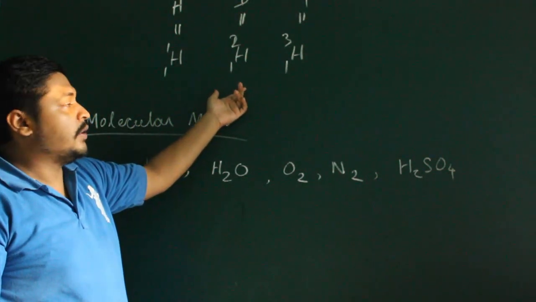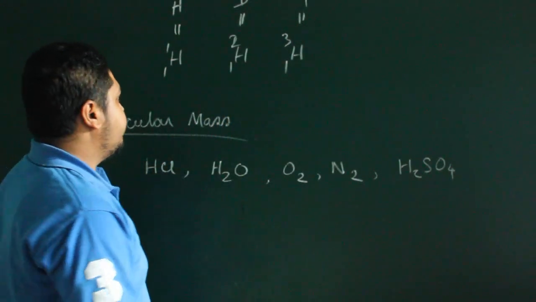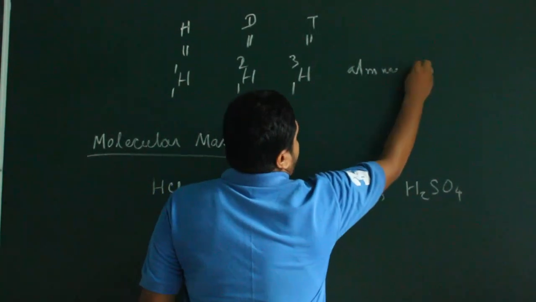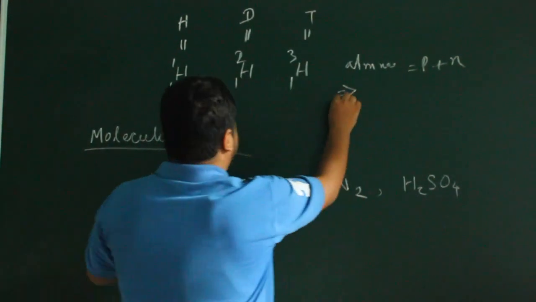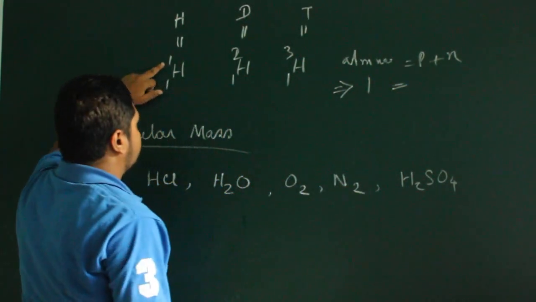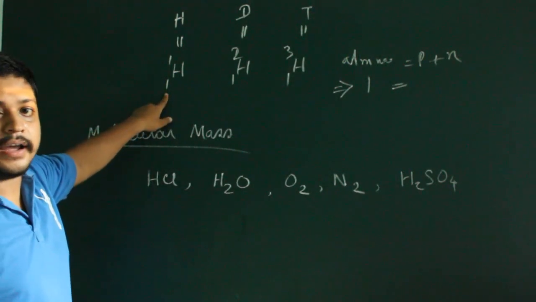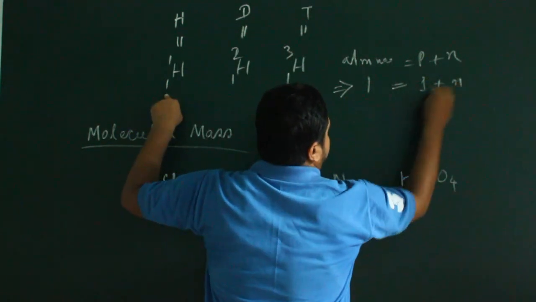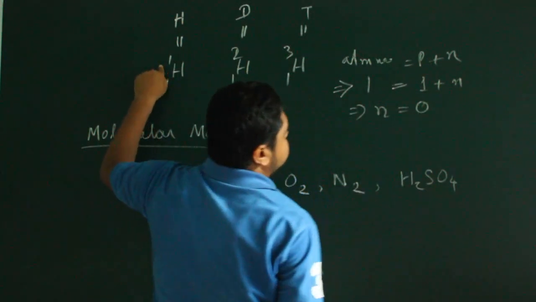This is due to the presence of different numbers of neutrons. See, atomic mass is equal to number of protons plus number of neutrons. In the case of the first hydrogen, the atomic mass is 1, the number of protons is the atomic number, 1, and the number of neutrons is 0.